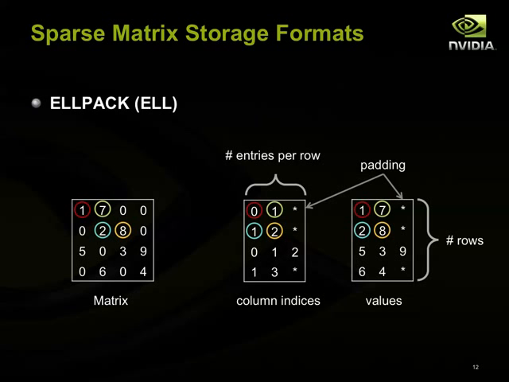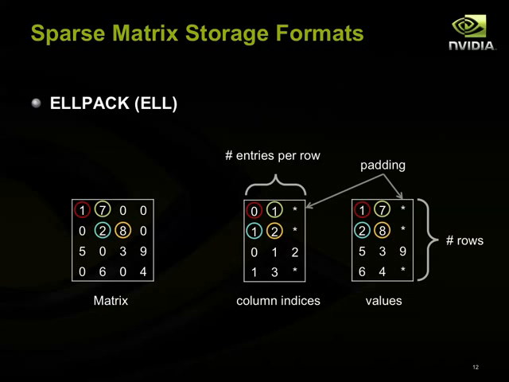ELLPACK is a mix between what we described before. The main thing in ELLPACK is that it imposes regularity. In the previous formats we looked at, there are really no assumptions on the sparsity pattern of the matrix. We could store anything. If you give me a completely random matrix, it's not too bad to store it in coordinate or CSR format.